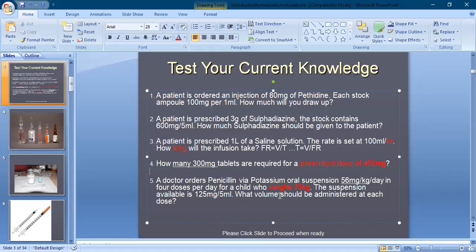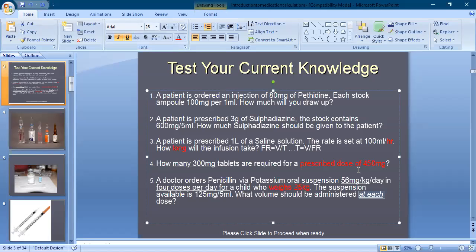They asked what volume should be administered at each dose, right? So this is the total for 4 doses. If you divide by 4, you should get the number 350, because there are 4 doses in the question, but they want each dose, right?